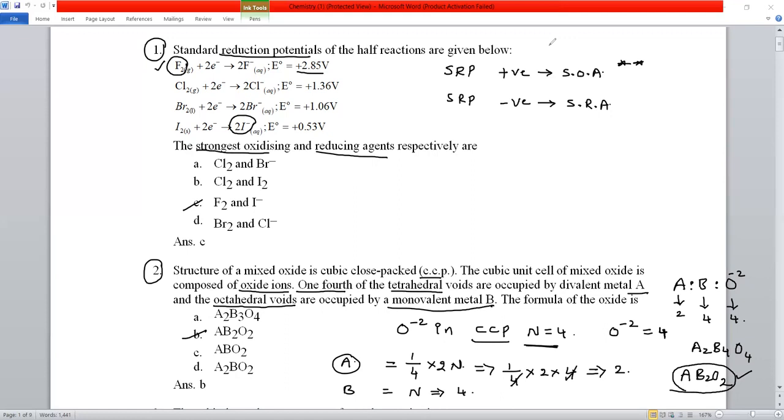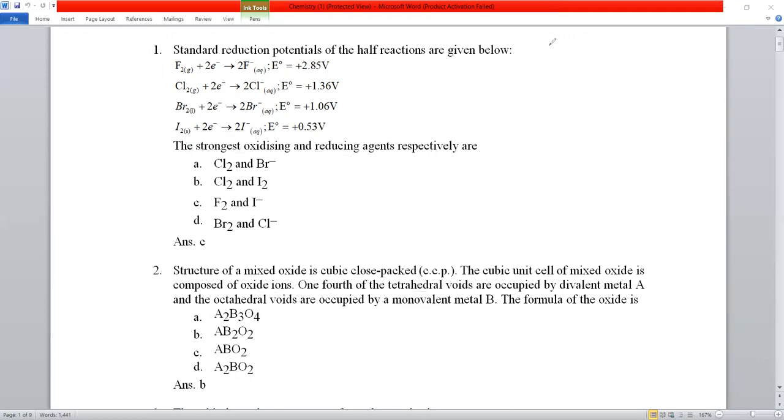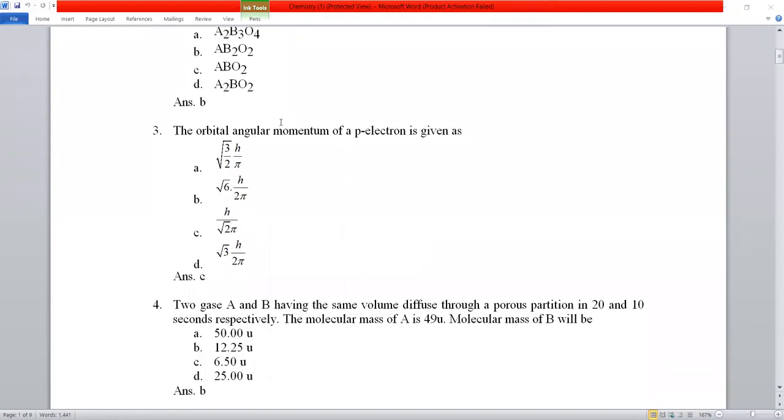Okay, next question number 3: the orbital angular momentum of a p electron. Orbital angular momentum equals root of L into L plus 1, times h cross. For a p electron, the L value should be 1.